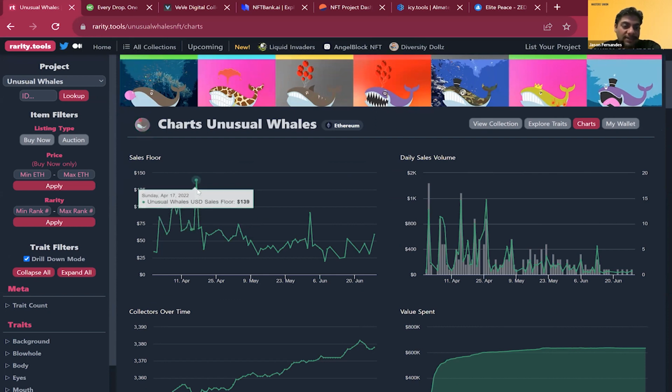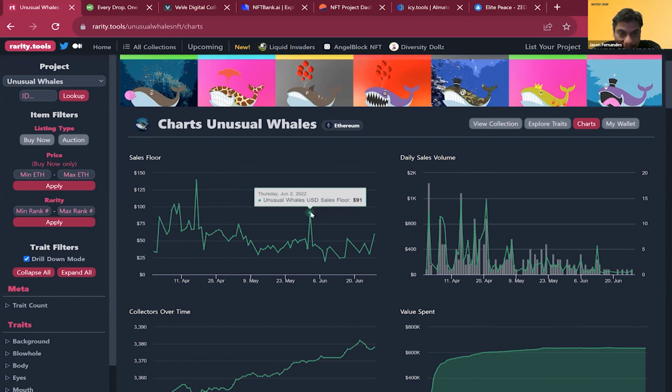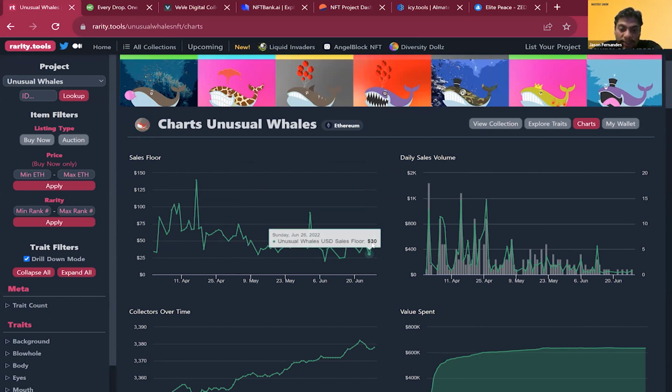But now you can see it dropped steeply, dropped even more. Then it came up a little bit, but now it's still at 66, which is even lower than it was pretty much on the second day it was launched. Then you can see it had another spike over here on June 2nd, and pretty much now it's trading much lower, about $59 according to you.